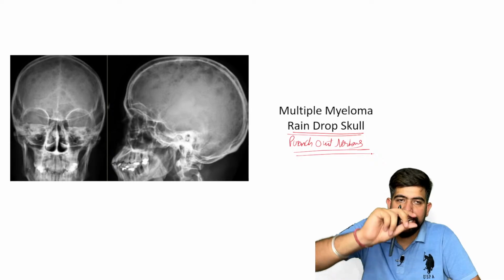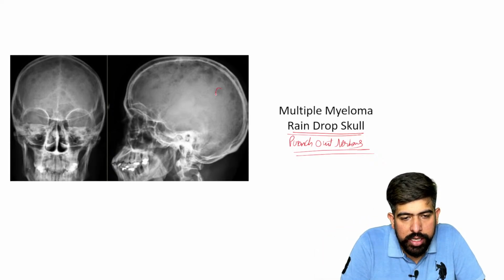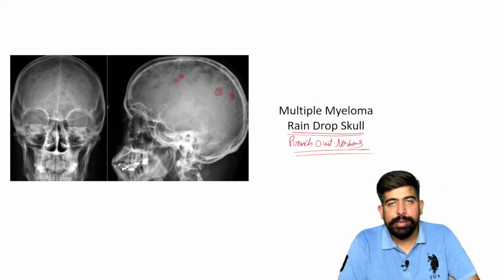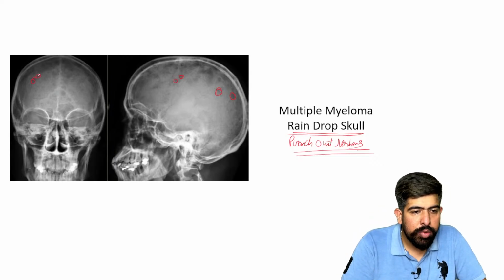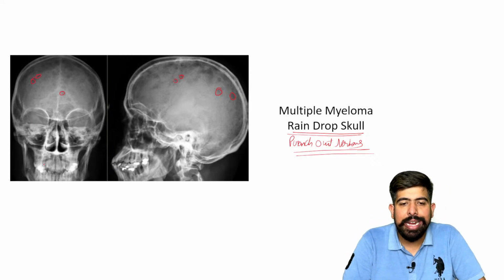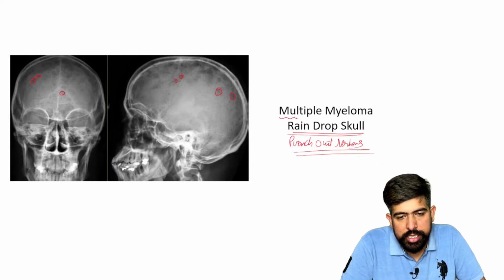It means it seems like there are punched out lesions seen on this one, and this classical punched out lesion, or it seems like some raindrops are over the skull, right? So this raindrop and punched out lesion is classically seen in the disease multiple myeloma.